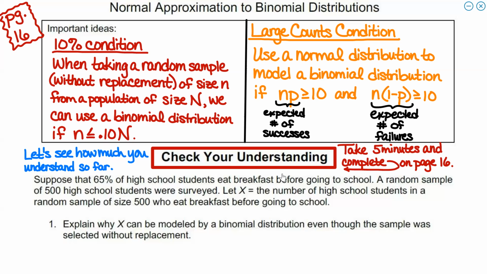If I'm going to do a normal distribution, what do I have to draw? Have to draw your normal curve. You're going to draw your normal curve, you're going to label it N parentheses, and what numbers have to go in the parentheses? Mean and standard deviation, so 325, comma, 10.665.